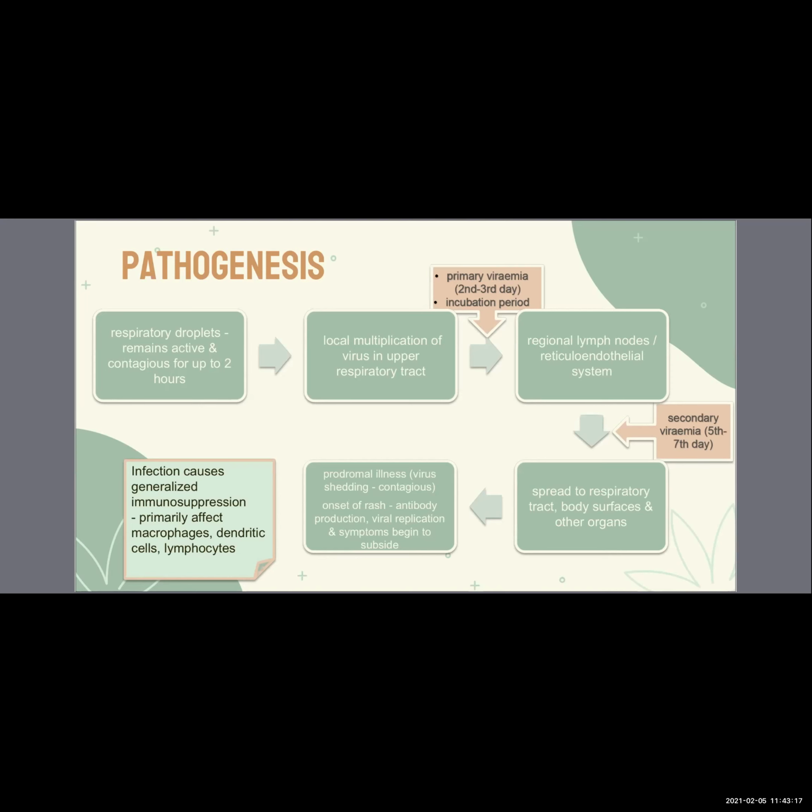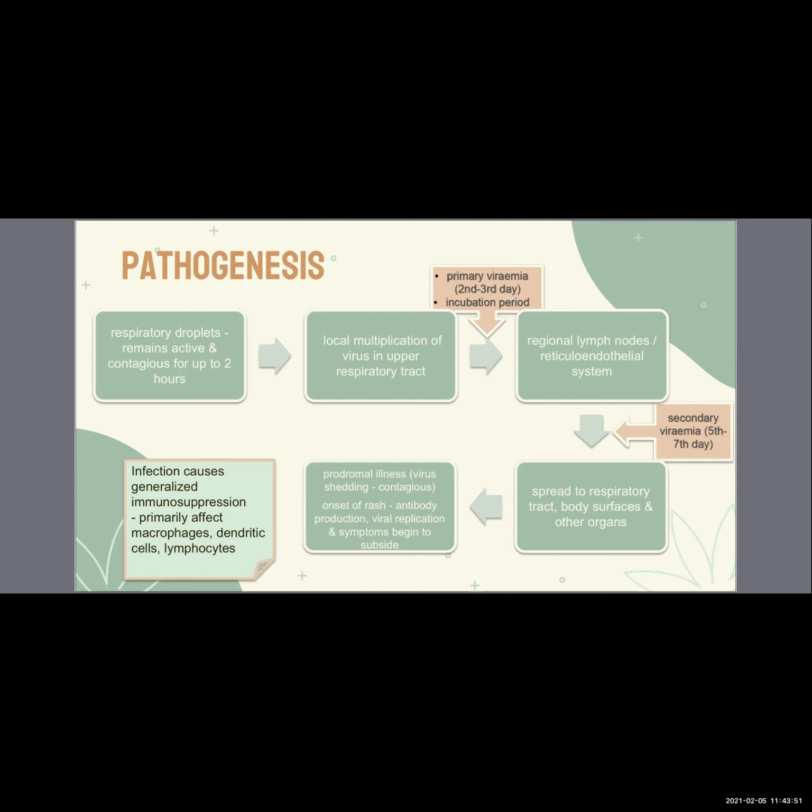After the secondary viremia occurs, the patient will experience prodromal illness, where in this phase the virus will start to shed and people will start to be contagious. After the secondary viremia also, there is the appearance of rash, with antibody production and viral replication, and the symptoms will begin to subside during the onset of rash.